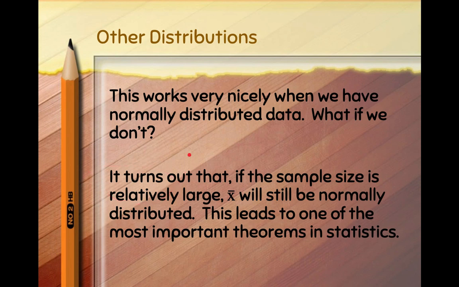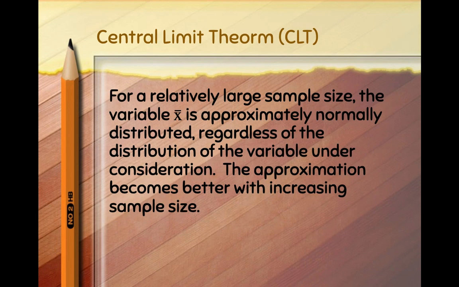But if we're relatively large, X bar will still be normally distributed even if the data is not normally distributed. So that gets us to the central limit theorem, which is basically: for a relatively large sample size, the variable x bar is approximately normally distributed.